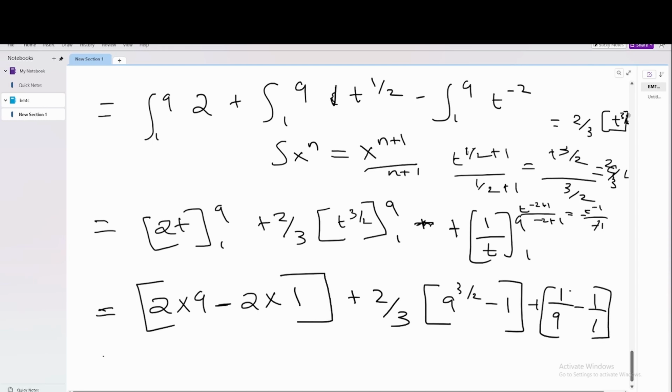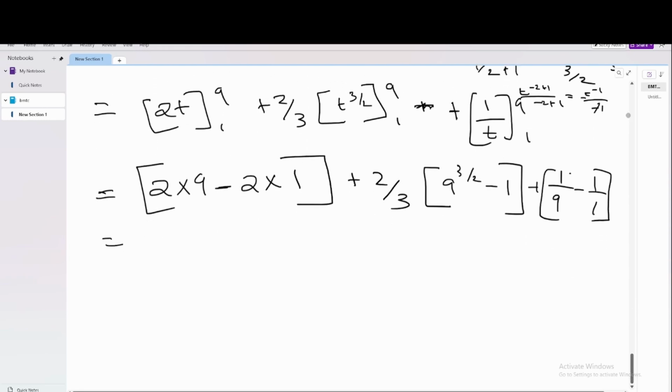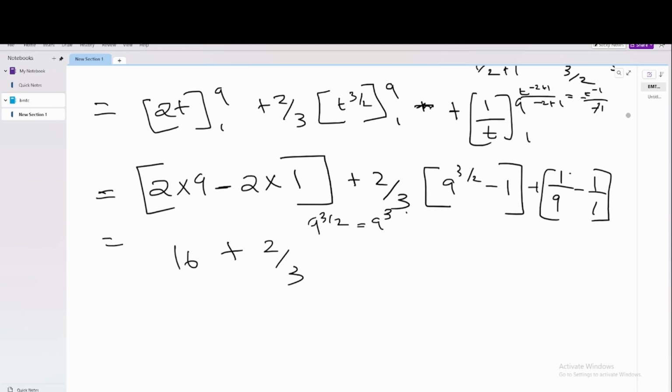So here we can calculate the values. 2 into 9 is 18. 18 minus 2 is 16. 2 by 3 into 9 raised to 3 by 2: 9 raised to 1 by 2 is root 9, which is equal to 3. 3 raised to 3 is 27.